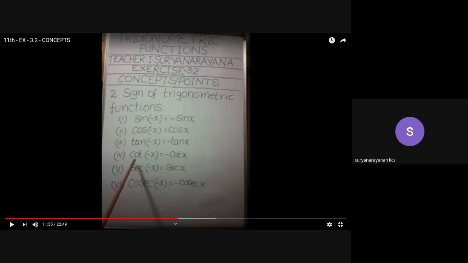Tell me after me, Ria: cot of minus x is equal to minus cot x. Very good.